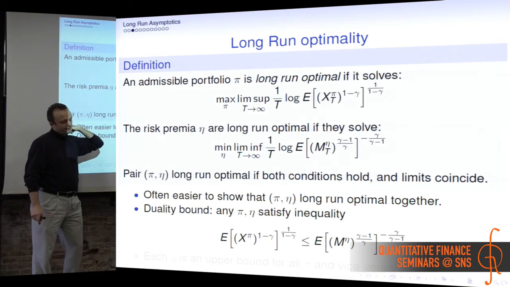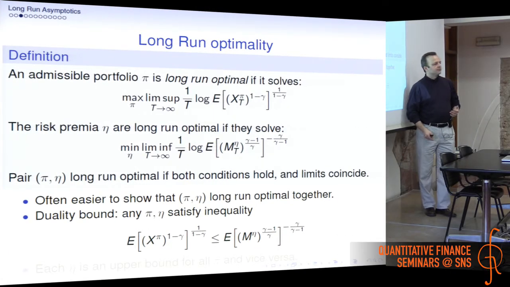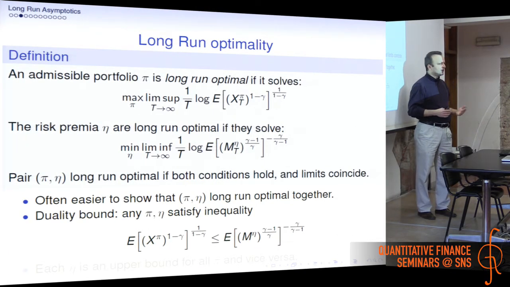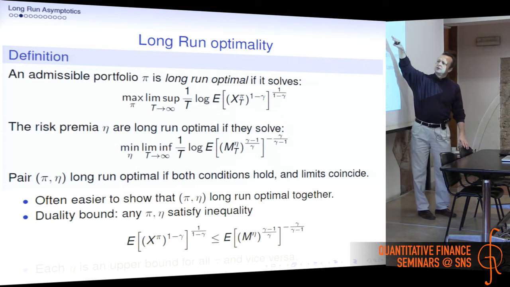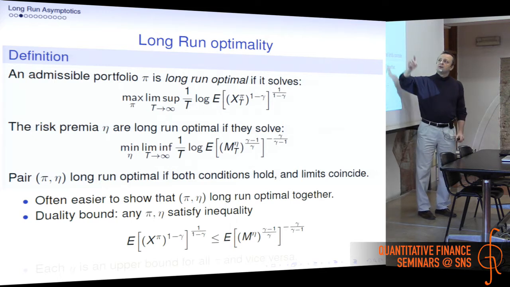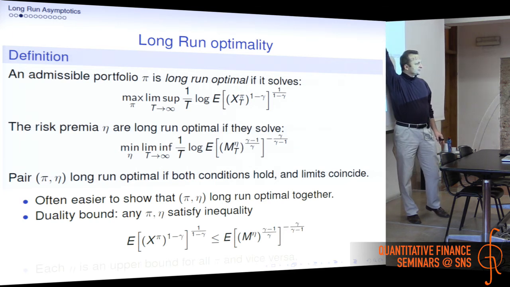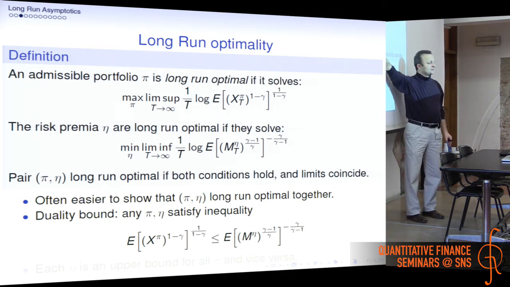Okay? So, the idea here is that if you want to solve the optimal portfolio problem, it may not be so easy. If you want to solve the optimal risk premium problem, it may also not be so easy. But if you want to solve them both, actually it can become easier. Because if you find a portfolio which achieves a certain rate of growth, and you find another risk premium which achieves the same rate of growth, you don't know whether either of them is optimal.